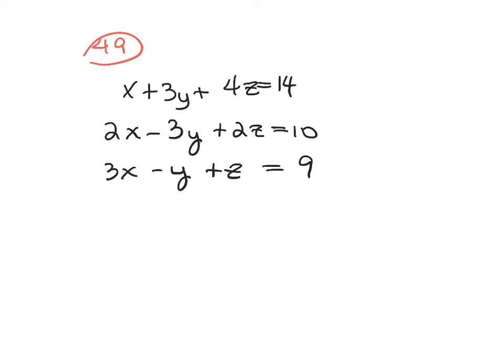So yours might be a little bit different than what I've posted, as long as you end up with the same ordered triple, it doesn't matter. Now, be very careful when you're working with the letter Z, okay? A lot of times students think it's a 2, so make sure you're writing neatly.